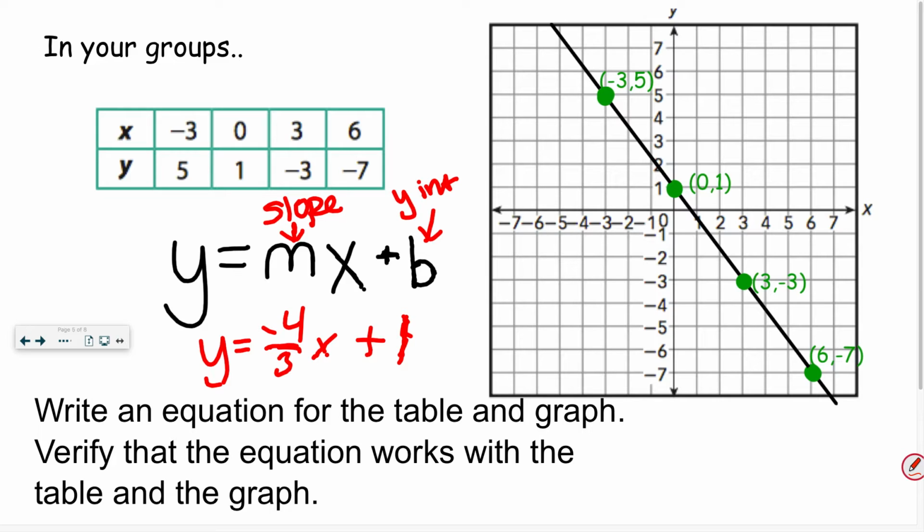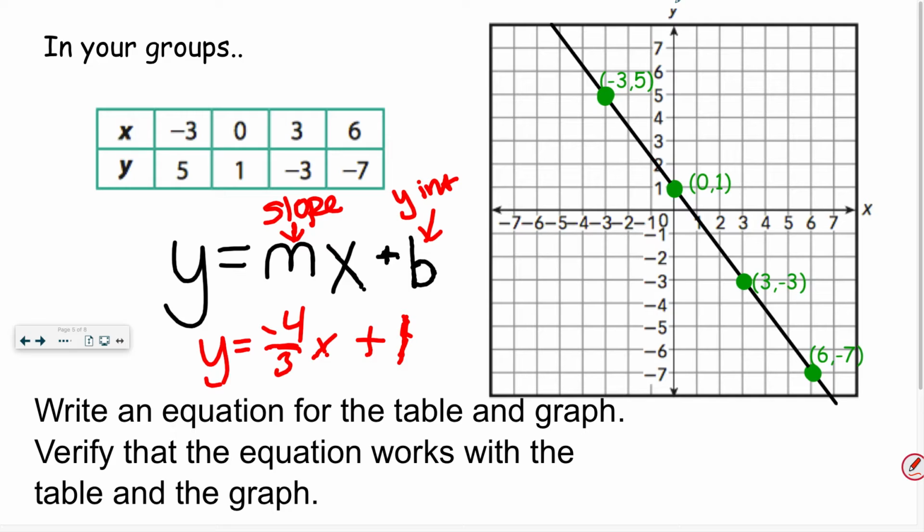So at what point does our line cross over the y-axis? 0, 1, where x is 0 and y is 1.